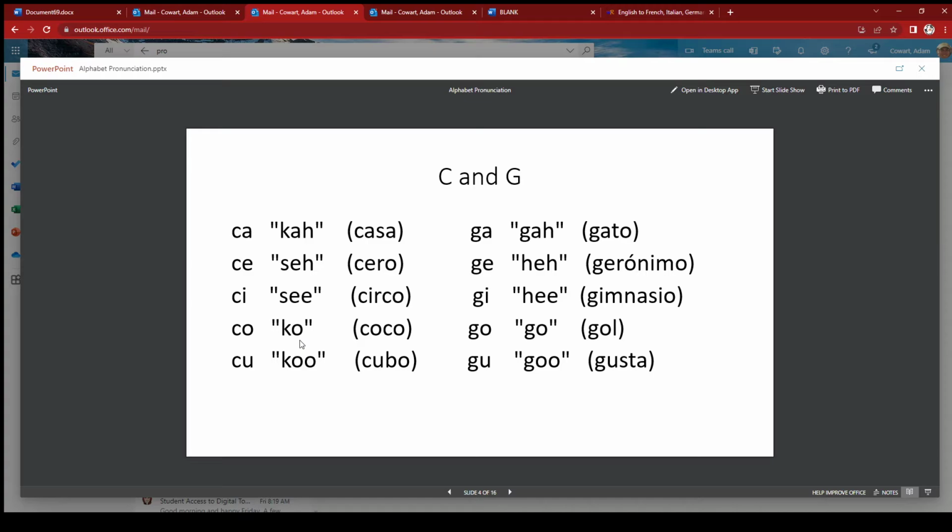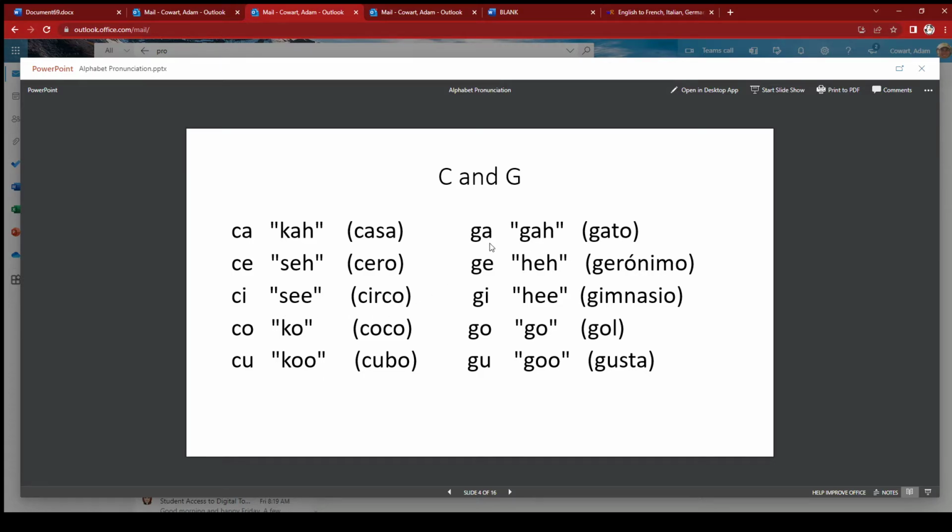CO goes co, as in coco. CU goes cu, as in cubo. So we have casa, cero, circo, coco, cubo. And again, please don't be overwhelmed. We're going to spend time with this and make sure that you get it.